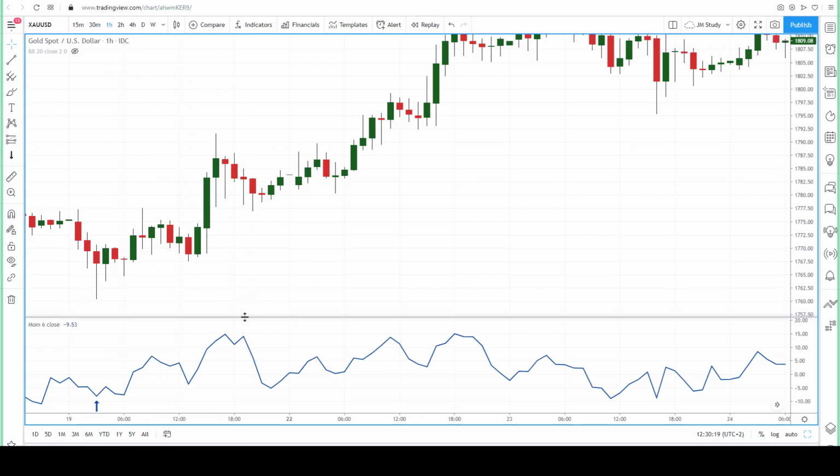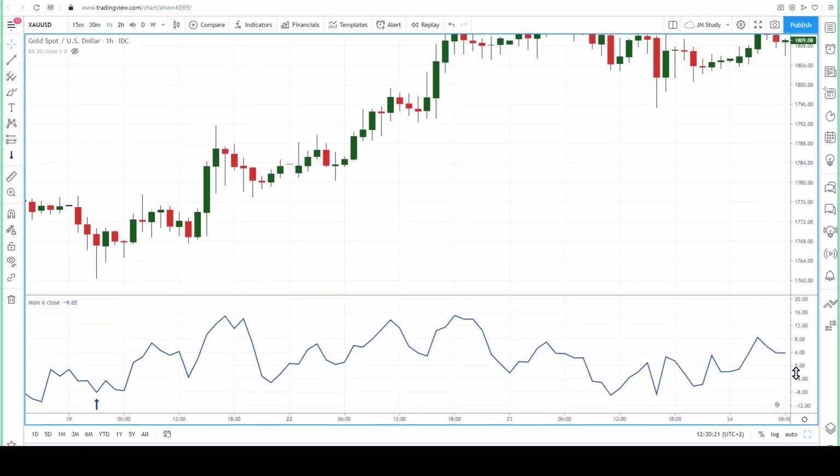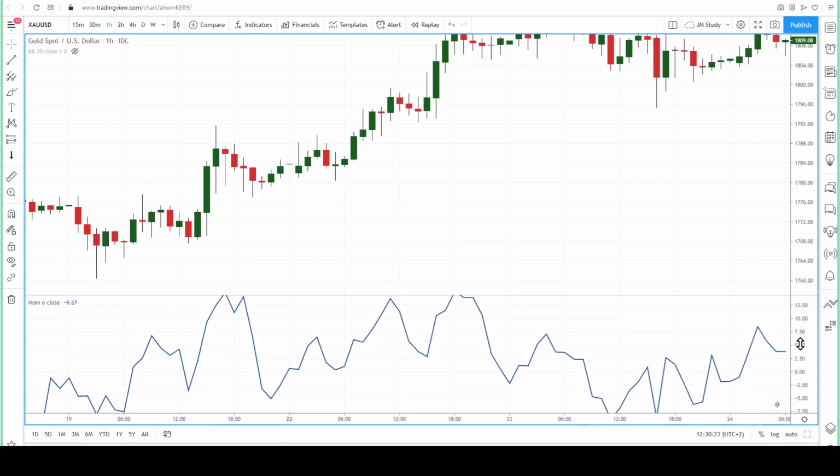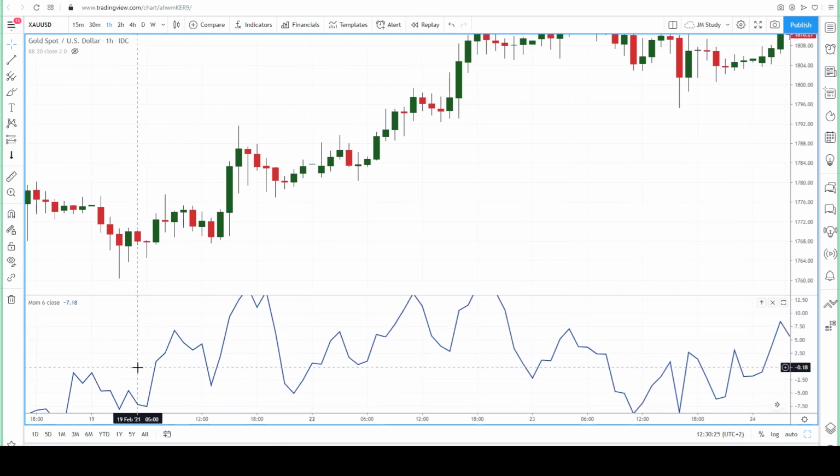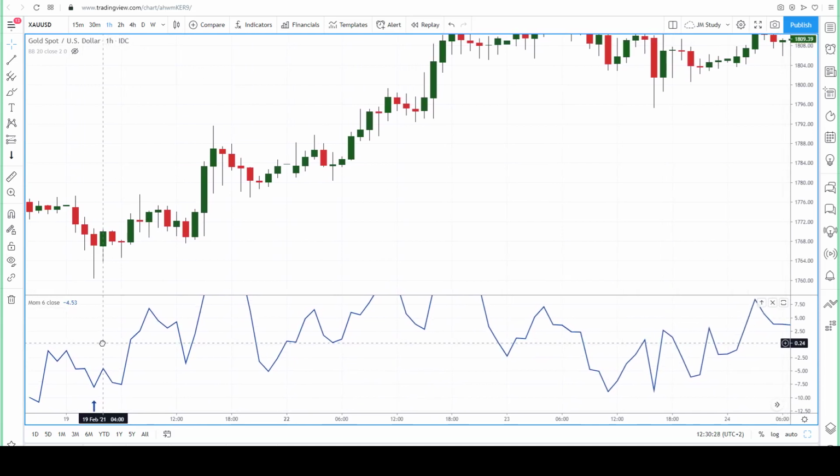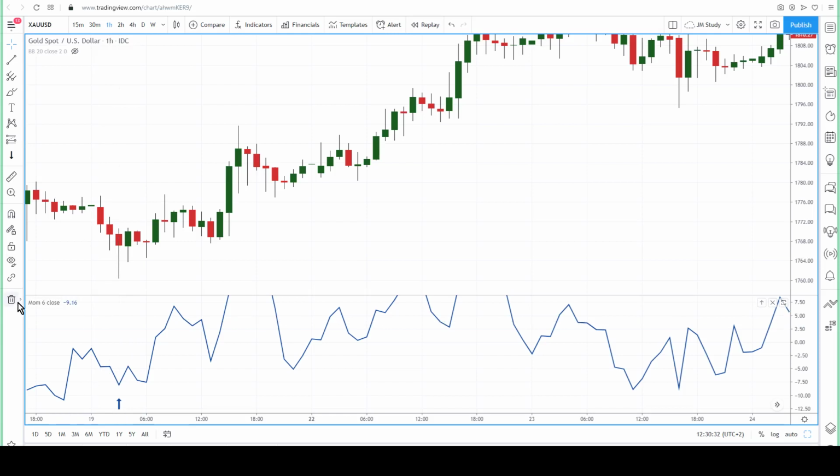Let's take this a little higher so that you can see the momentum indicator. The indicator here is a 6 period momentum indicator, and as we discussed before, ROC is exactly the same if you happen to use that. So momentum with 6 periods as a look back period, and here we have something interesting.